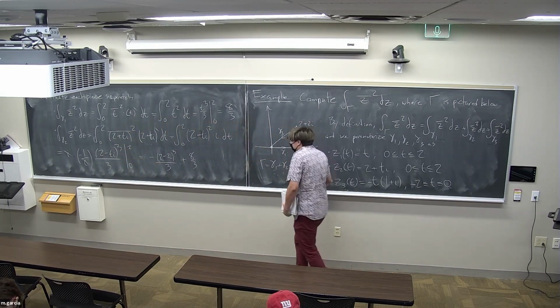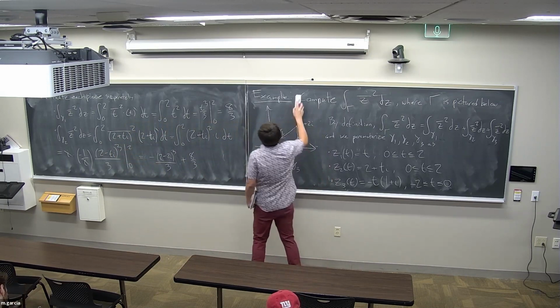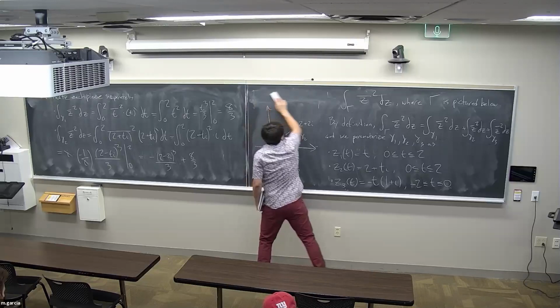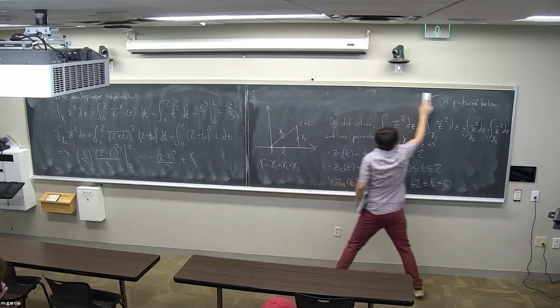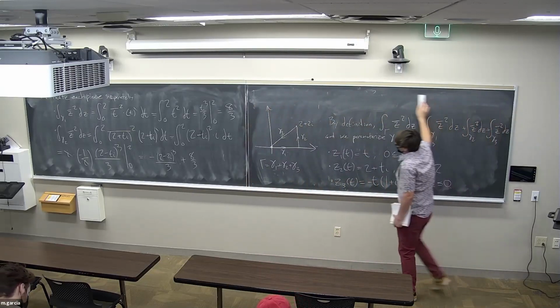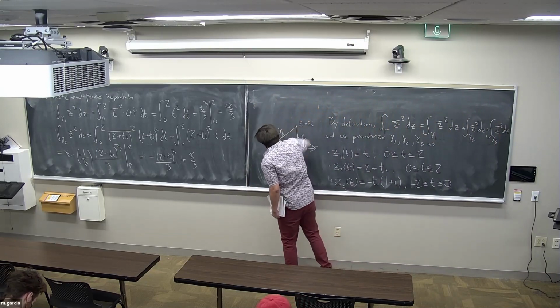Okay, almost there. Now we just have to compute the contour integral for gamma 3 to get the total contour integral along capital Gamma.